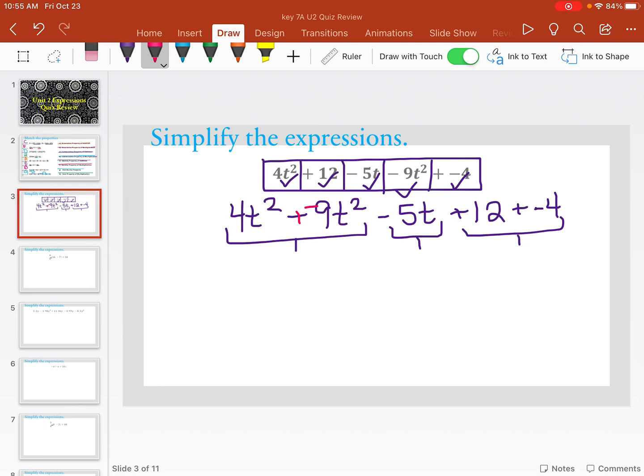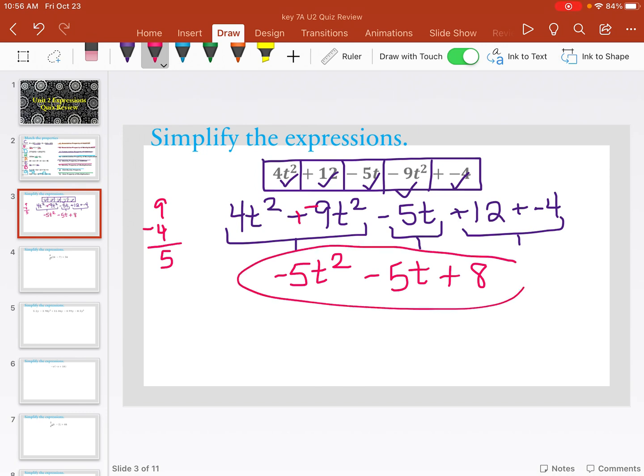Different sign, subtract. So 9 minus 4, which gives me 5. Keep the sign of the larger one, which was the 9. So negative 5t squared. This 5t just stays, so it's minus 5t. And then 12 plus negative 4, again, different sign, subtract, so really 12 minus 4, which gives us a positive 8. And that is our answer. We can't simplify that anymore.